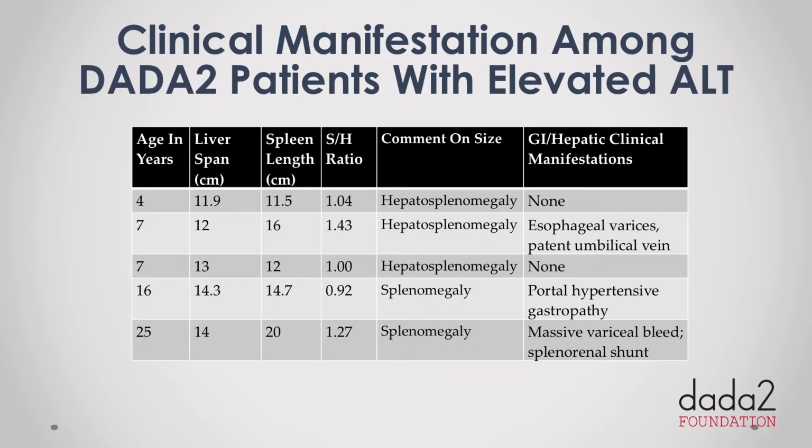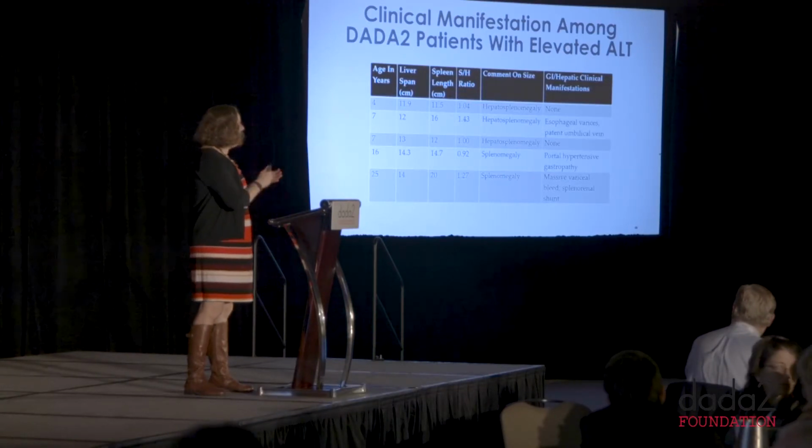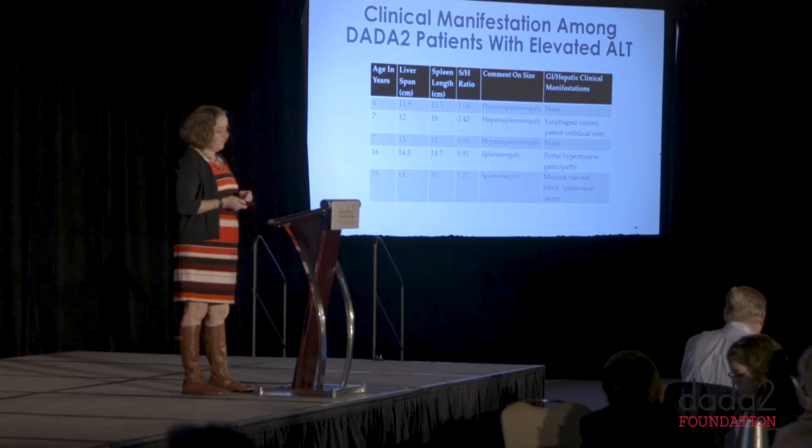Compared to those patients, we have those 5 patients with the elevated ALT, and across the board they had splenomegaly, most of them with hepatomegaly, and their hepatic clinical manifestations ranged from nothing to life-threatening, as there's one who had grade 3 esophageal varices that bled massively on 3 occasions, requiring lots of blood transfusions, and ultimately she went on to have a splenorenal shunt, and that, coupled with her etanercept, has kept her from having any further problems.